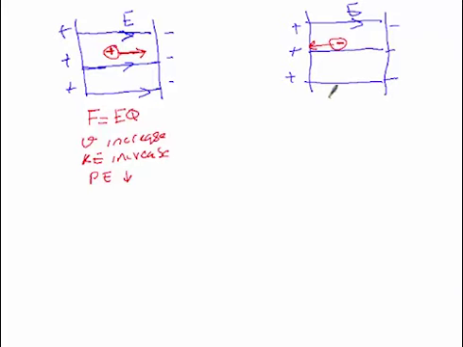Again, our F is EQ, and V will increase, but see here the charge is going in the opposite direction of E, and kinetic energy will increase, potential energy will decrease.